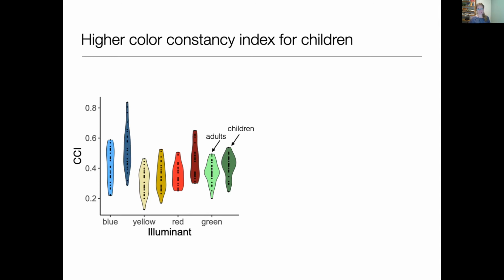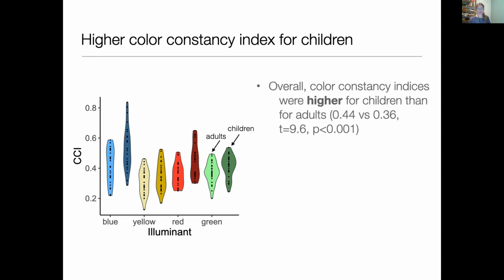First you can see that there is this pattern across the illumination. Constancy is not the same for all illuminations. And you might be able to see also that constancy is actually higher for children than for adults. This was really significant. And this was really surprising. We were really not expecting to find this.